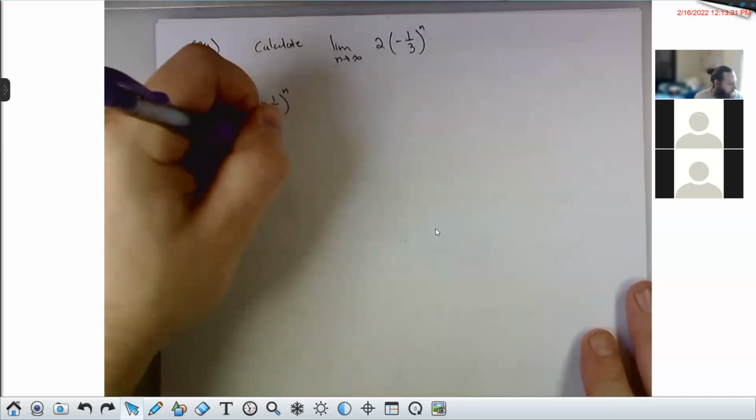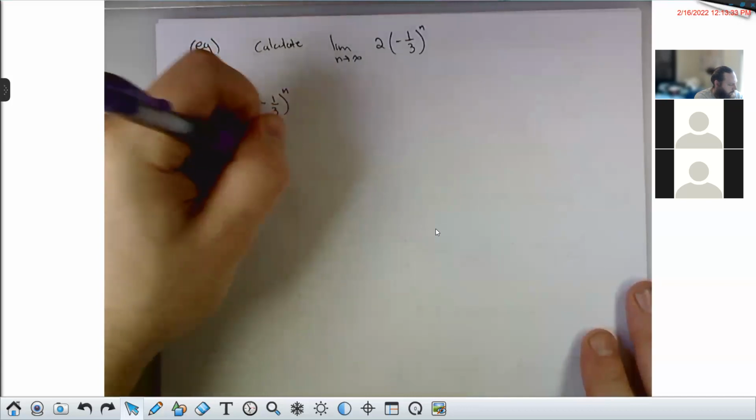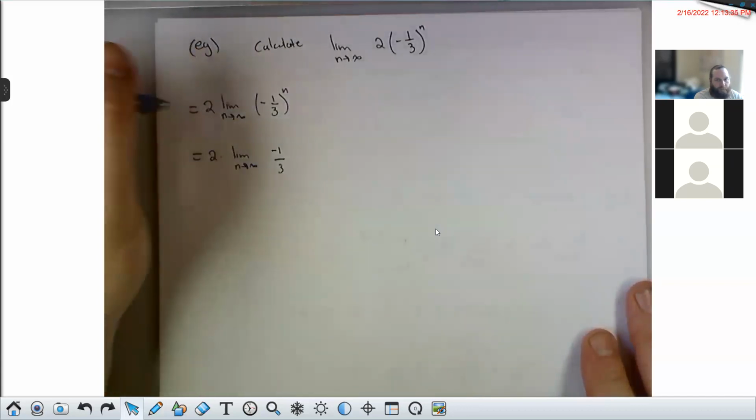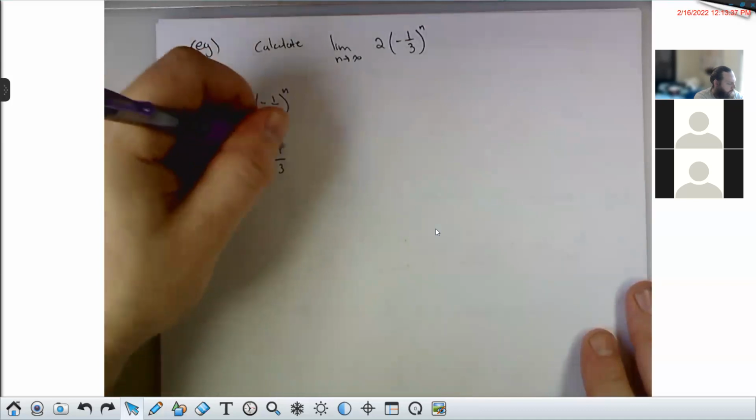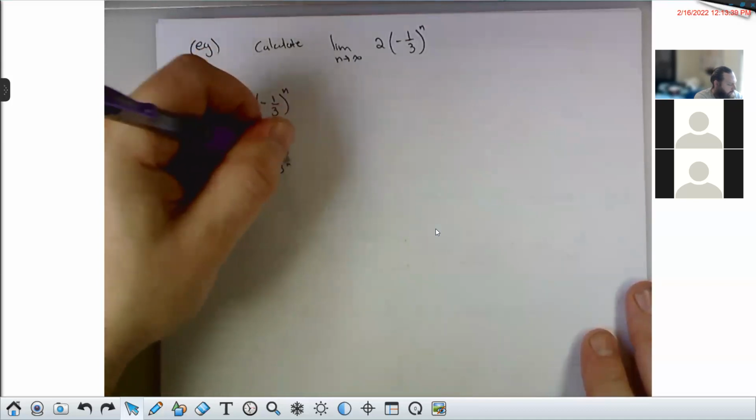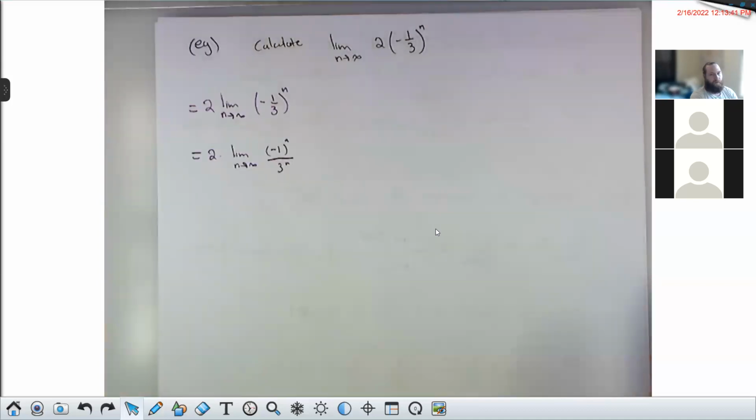I can choose to think of it as (-1)/3, and then raising that whole thing to the n is the same as raising -1 to the n and raising 3 to the n. Perfect. Powers play nice with multiplication and division. They don't play nice with addition or subtraction, but they do play nice with multiplication and division.